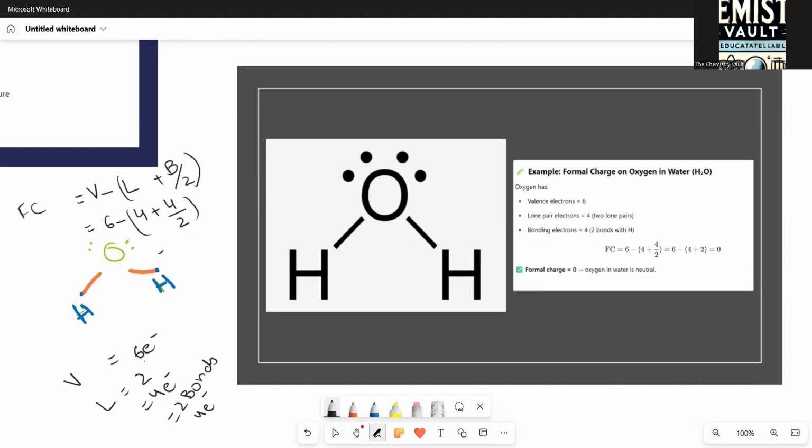When we solve this, we get 6 minus 4 plus 4 divided by 2, which is 2, so the answer is 0. So the oxygen atom in the water molecule is neutral because its formal charge is 0. And why do we need a Lewis dot structure? We can have more than one Lewis dot structure, which shows the resonating structures of any element.